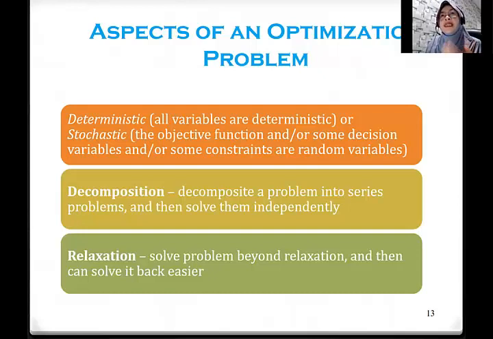That means we relax some constraints. Some problems have many constraints, so if we try to consider all of them, it might be very hard to find a feasible solution. So what we can do is relax some constraints by assuming that the constraint is always satisfied.